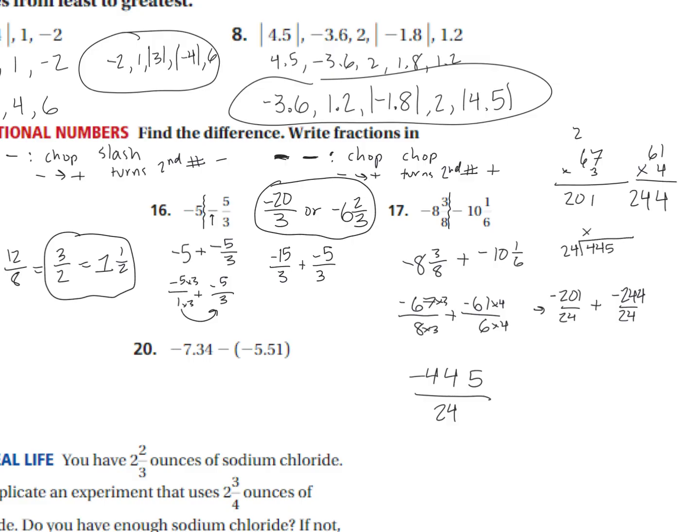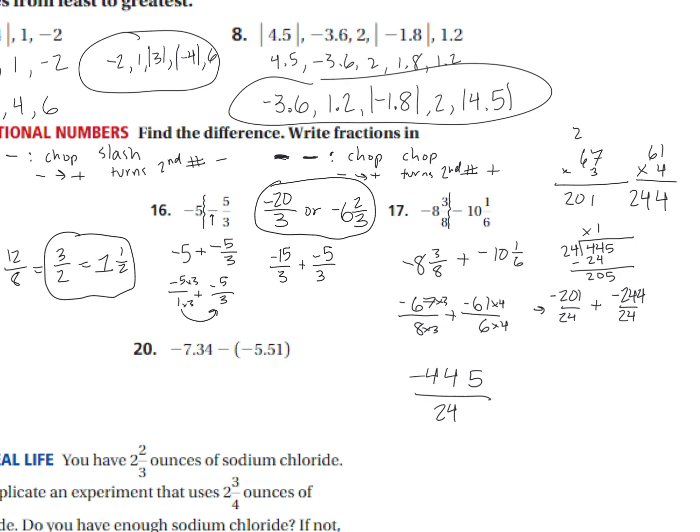okay, that doesn't go in, but this goes in once. And I'm left with 20. And then I'm going to think, well, 5 times 24 is 120, plus 24 would be 144, plus another 24 would be 168, plus another 24 would be 192.